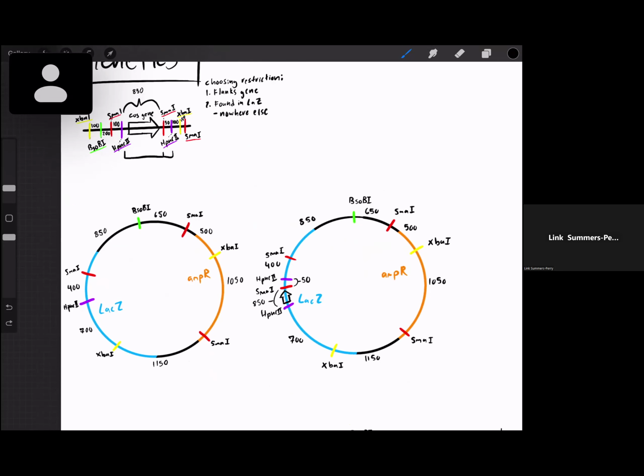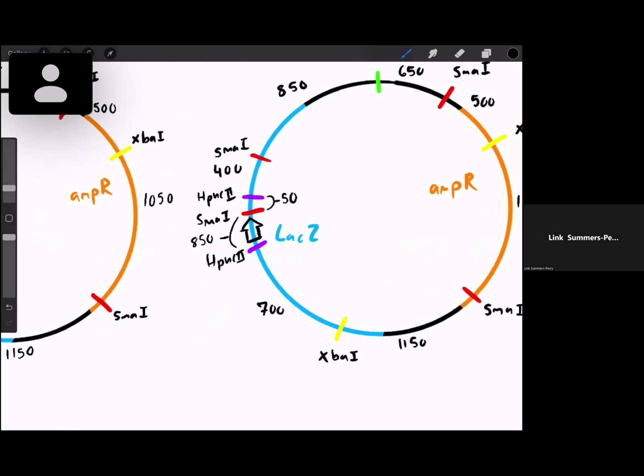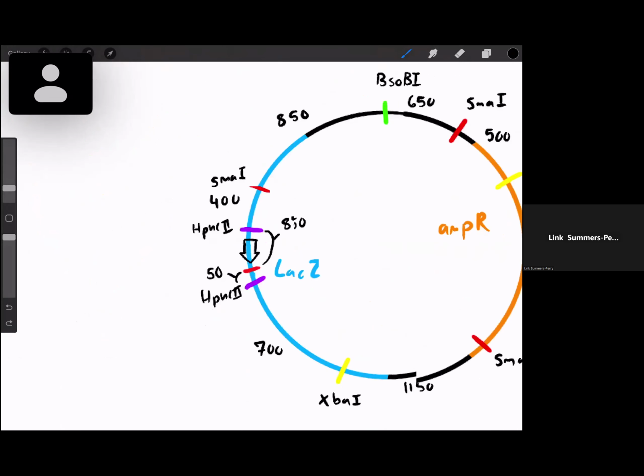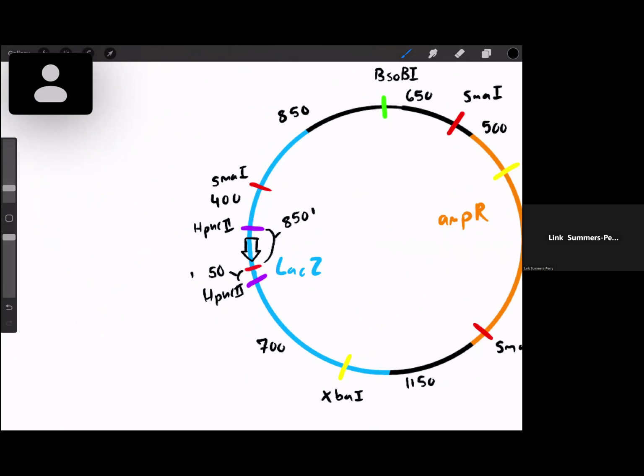So we see in the forward orientation, we have 850 and then 50. And then in the reverse, we have this instead. We have 50 and then 850. We can look at that right here. We have 850 right here, and then we have 50 right there. Here we have 50 first, and then we have 850.